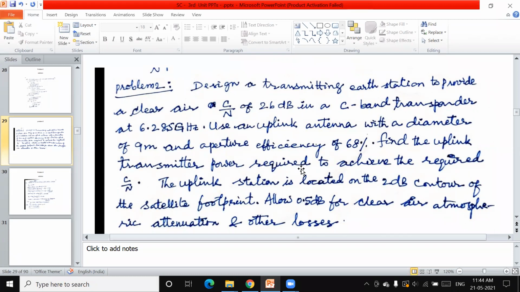Design a transmitting earth station to provide a clear air C by N of 26 dB in a C-band transponder at 6.285 gigahertz. Full stop. So now what?